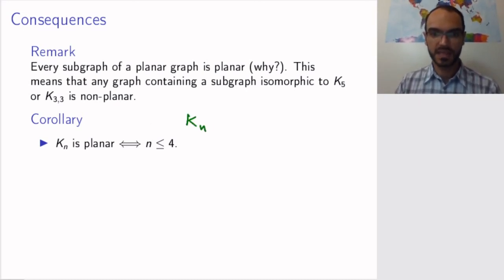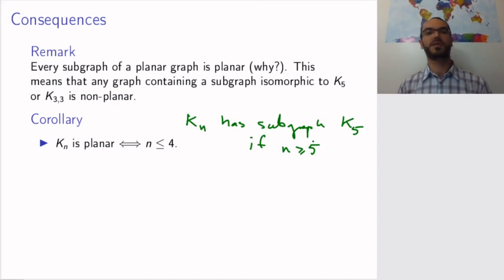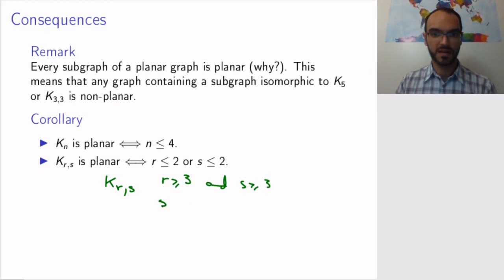But since Kn has a subgraph isomorphic to K5, if n is greater than or equal to 5, then the larger Kn's will not be planar. Similar reasoning for the complete bipartite graphs, because if K_{R,S} is such that R is greater than or equal to 3 and S is greater than or equal to 3, then it has a subgraph that is isomorphic to K3,3.